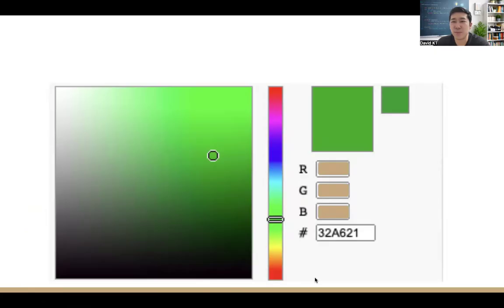You can go into many different websites and just play around with the colors there. If you see here, this is 32A621. What is 32 in decimal? Go ahead, pause the video, figure that out.